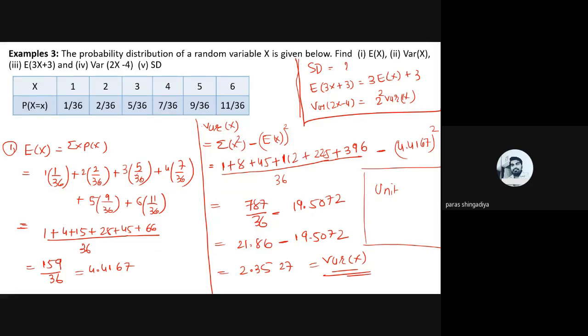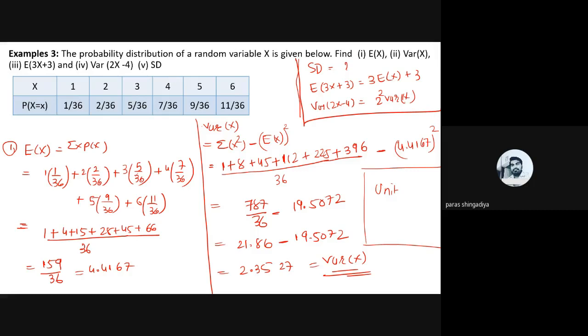How many of you have a calculator? The variance you got is 2.3527.